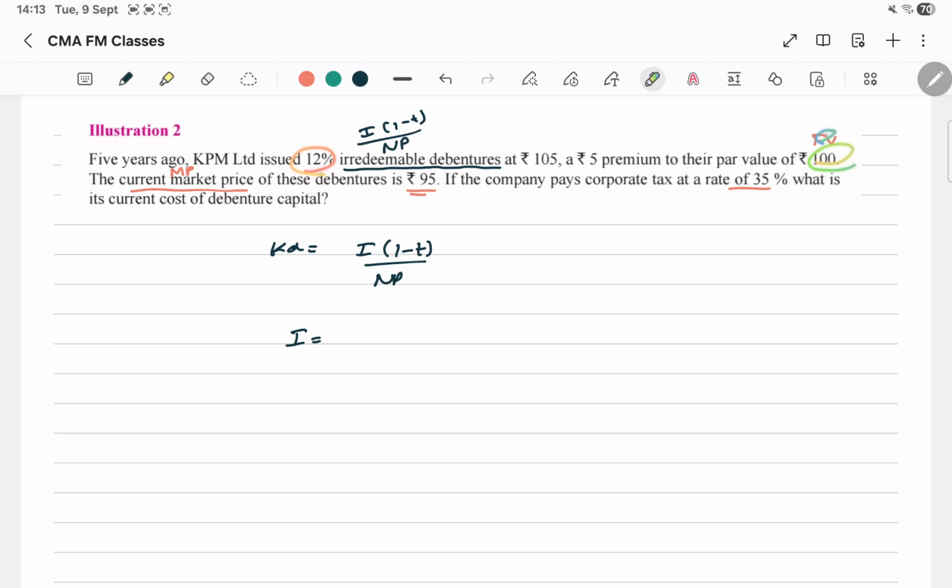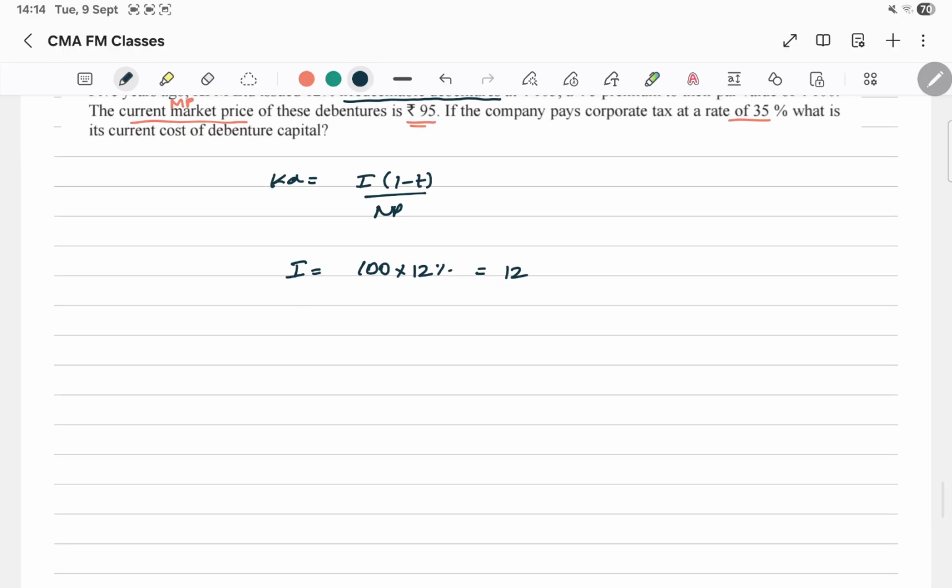That's why I marked face value here. 12% is calculated on face value, not on the redeemable value. So 100 into 12% will be 12. Now everything is easy, right? So NP is equal to how much? 95. This is your NP.